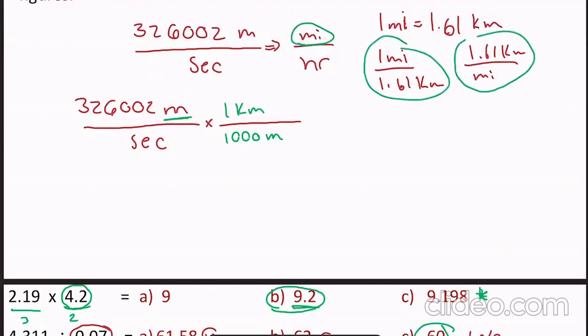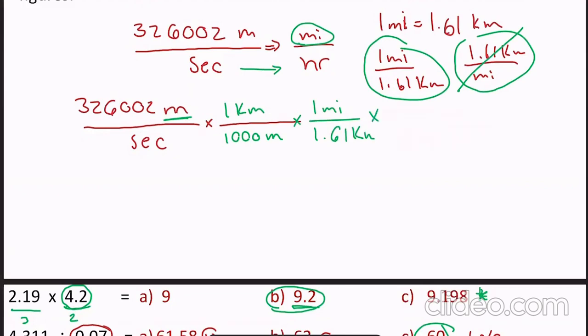Now we're going to use one of these. I have to get rid of kilometers, so I need kilometers in the denominator, which means that we're not going to be using this one here. So we're going to multiply this by 1 mile over 1.61 kilometers. And now we have to go from seconds to hours.